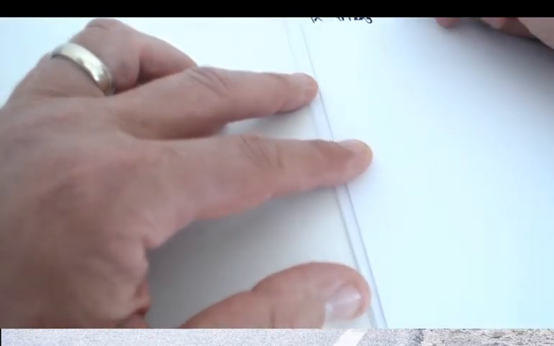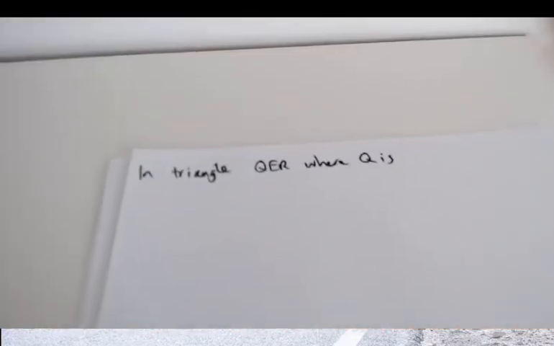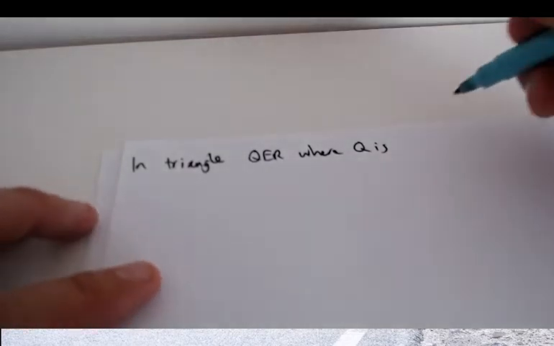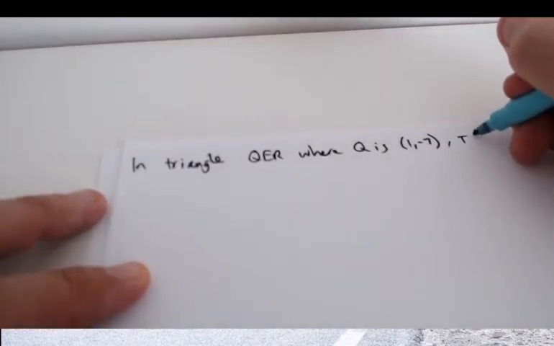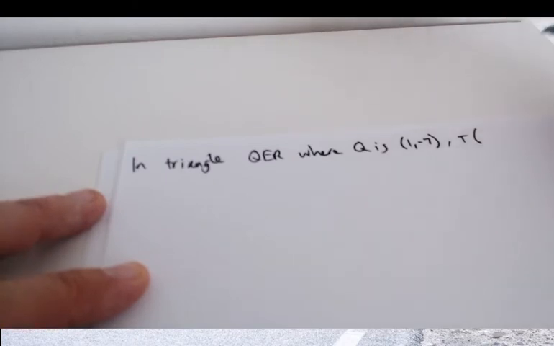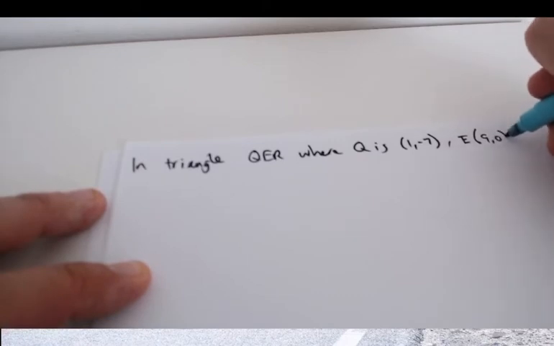In triangle QER, where Q is 1, minus 7, E is 9, 0, and R is 5, 2.